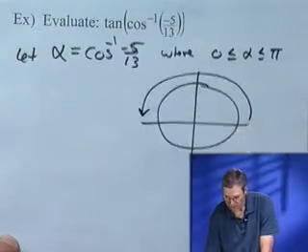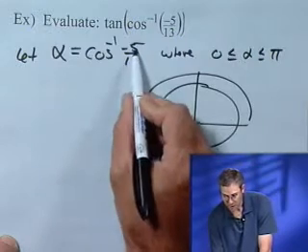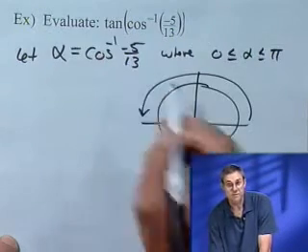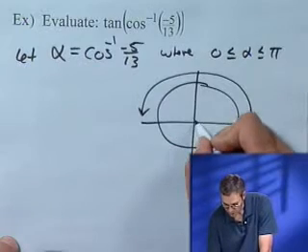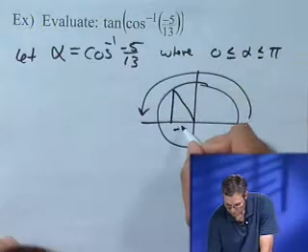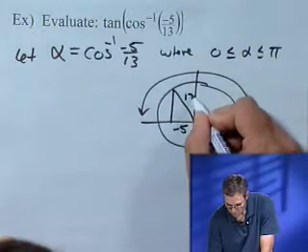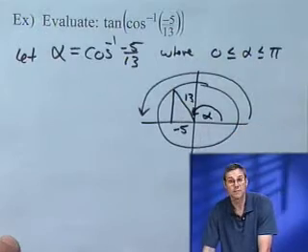All right, so let's draw a sketch of this angle. I'm looking for the angle between 0 and pi whose adjacent over hypotenuse is negative 5/13. Means we have to be over here somewhere. So there's my angle alpha.